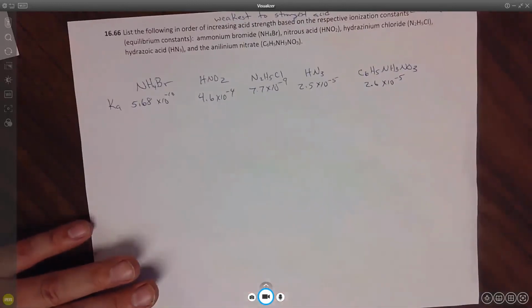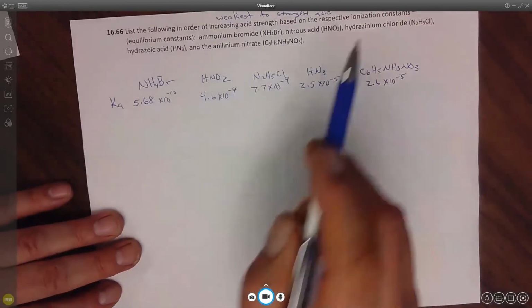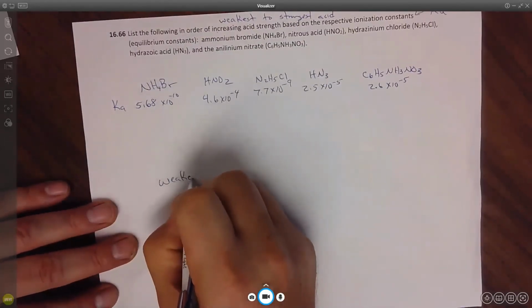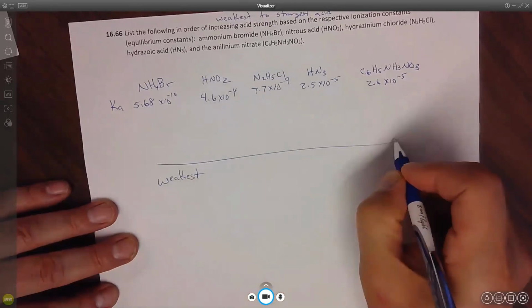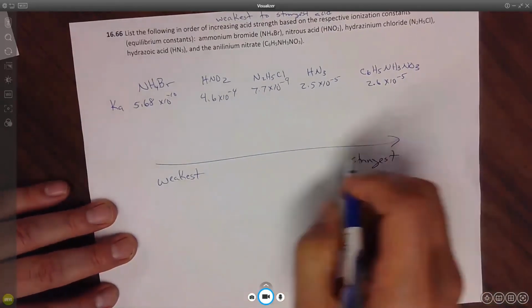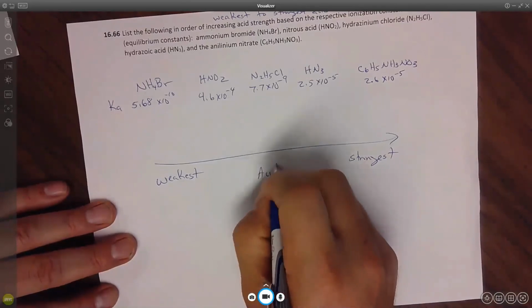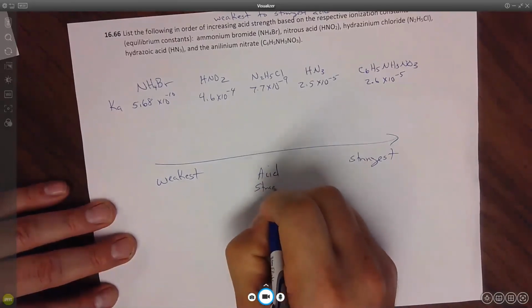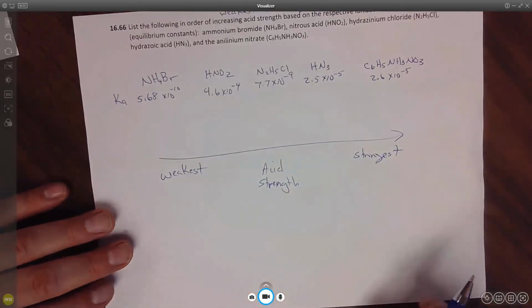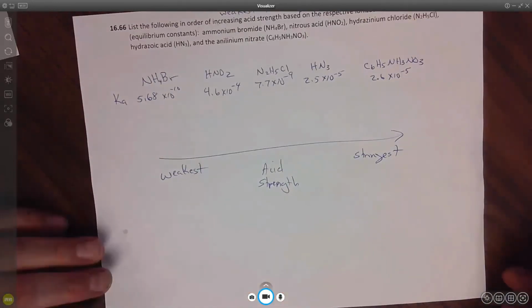Okay, so now I want to go from weakest to strongest. So what am I looking for? Which one's going to indicate that I have the weakest acid? What's going to indicate my acid strength in this case?